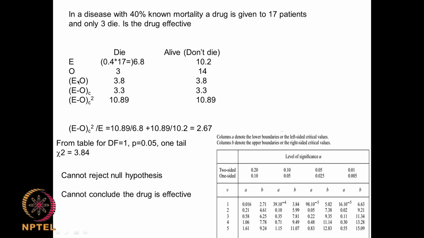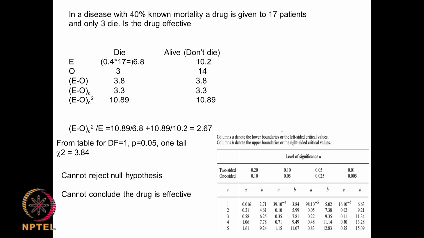What do we do? Expected minus observed, 6.8 minus 3, is 3.8. Then we apply the correction here, subtracting 0.5, which comes to 3.3.